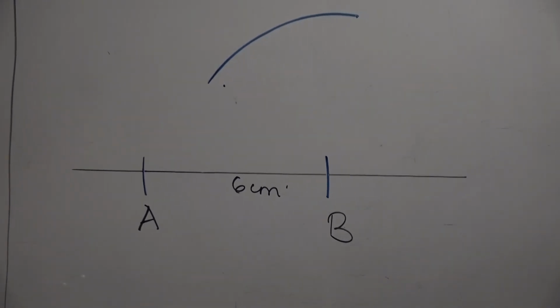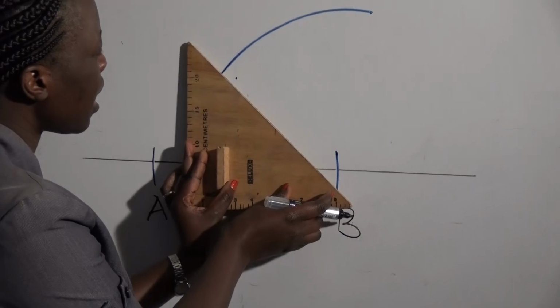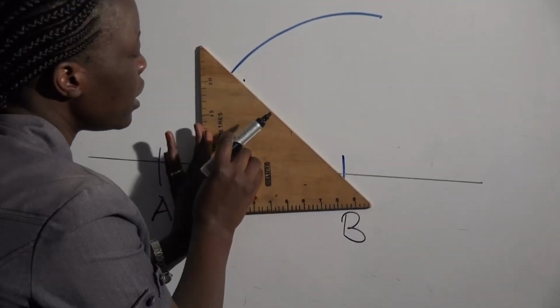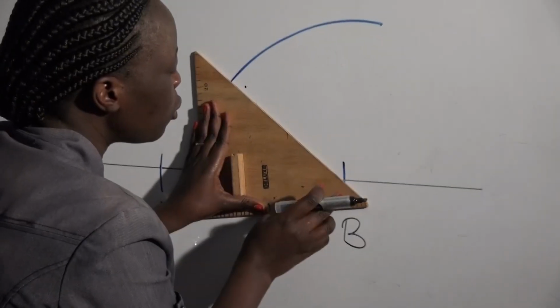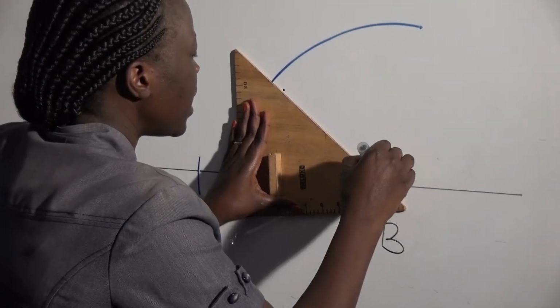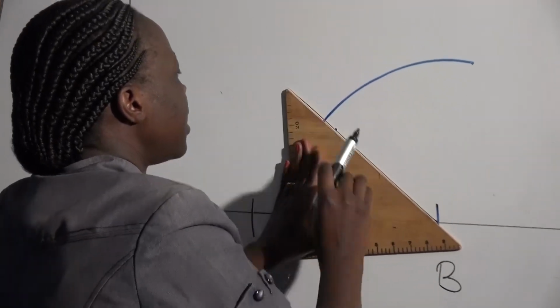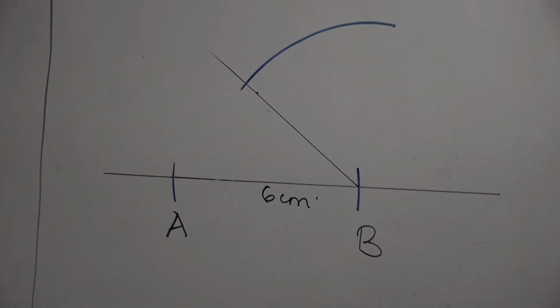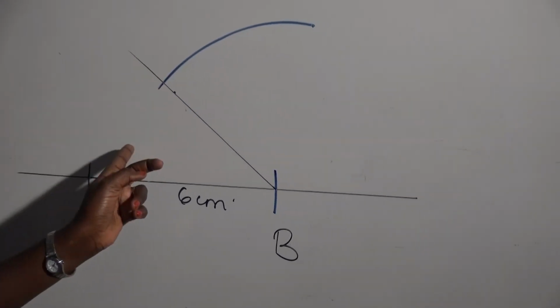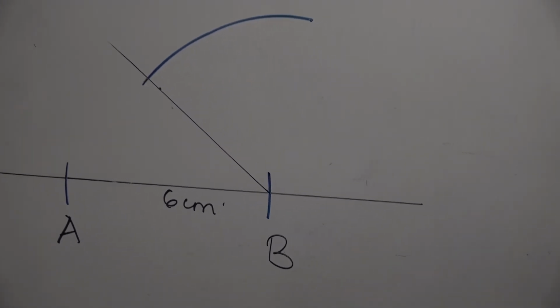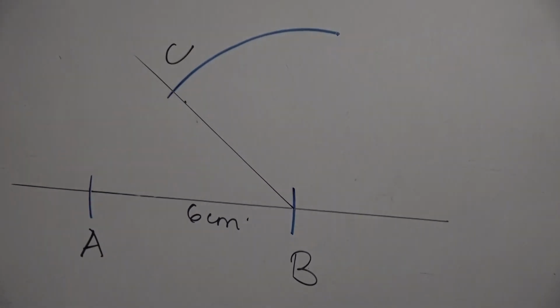You use your ruler and put it here at the vertex. Let it go through that point that you've marked, and also through the arc. So we had created an arc there. Where the first arc and the line that we have drawn meet, it gives us point C.